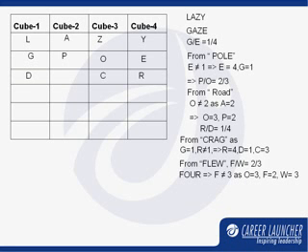As we know that F and W can belong to either 2 or 3, from the word F-O-U-R, F cannot be equal to 3 as O is already there in cube 3, and O and F cannot belong to the same cube. That means F has to be equal to 2 and W has to be equal to 3.